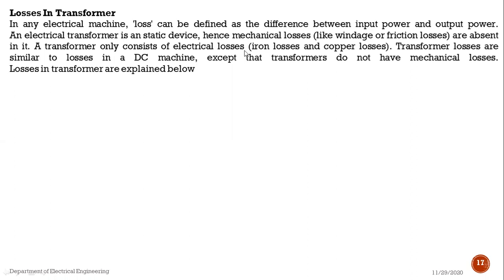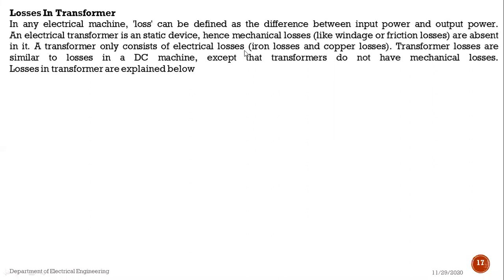As per the current variation, the copper loss of the transformer will also vary, and the iron loss of the transformer is constant. Now the transformer losses are similar to those of a DC machine, except that the transformer is a static device, so it does not have mechanical losses.